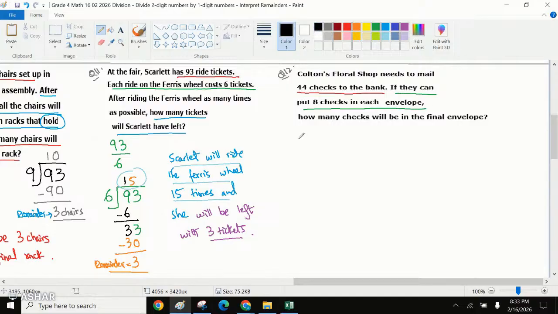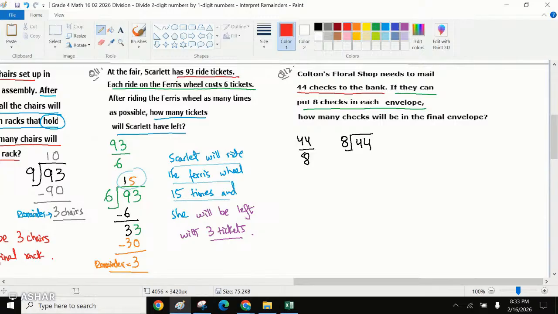That means 44 divided by 8. So what we can say is when 44 is divided by 8, 4 cannot be divided by 8. But let's read the table. 8 times 1 is 8. 8 times 2 is 16. 8 times 3 is 24. 8 times 4 is 32.